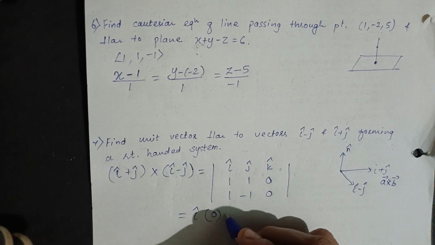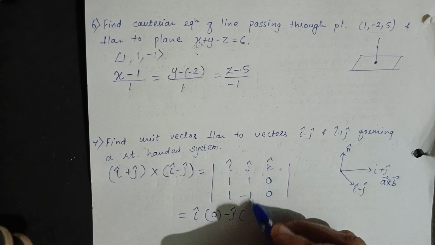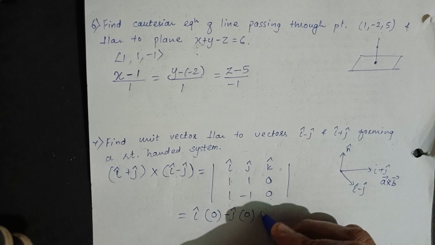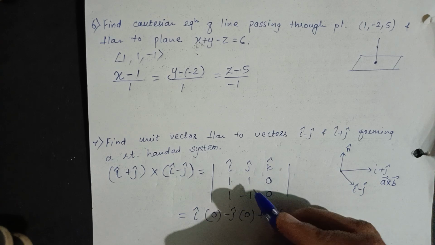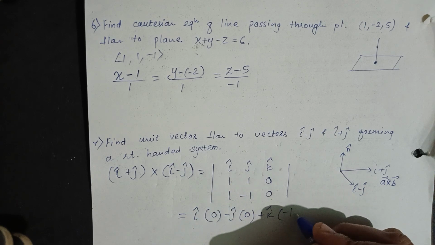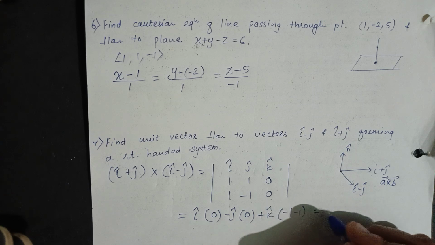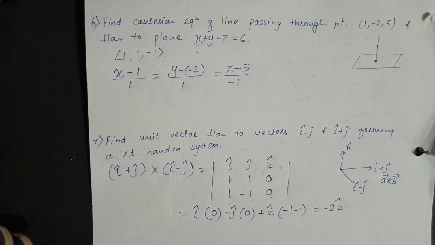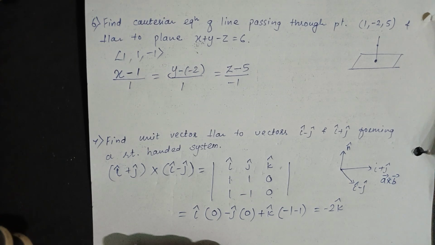The cross product gives 0, 0, minus 1, minus 1, so minus 2k. Now we have to find a unit vector.